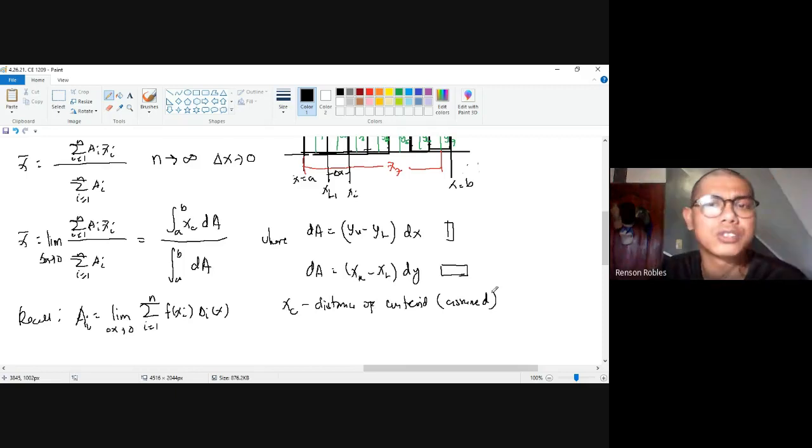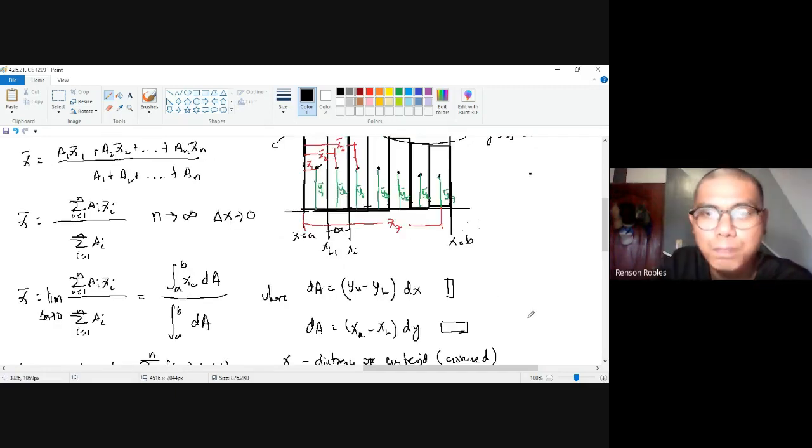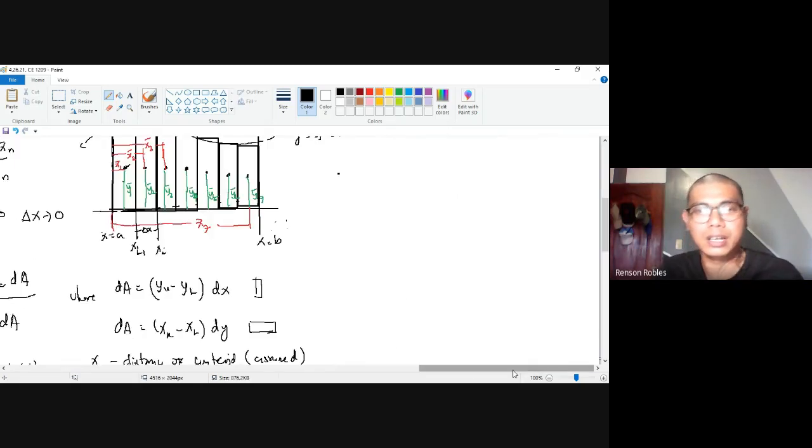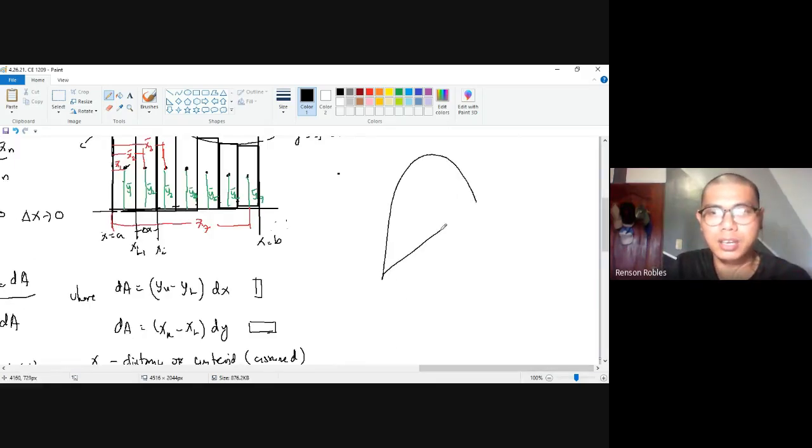Sir, ano po yung assumed centroid? Yan yung point na idodrawing nyo doon sa gitna ng inyong rectangular element. Di ba? Pag nagsosolve tayo, ito yung region. Okay? Then dodrawing tayo ng representative element. Then sa gitna niyan, doon yung ilalagay ang centroid. So yan yung point na yon. So ito yung x-axis, y-axis, sorry. Ito yung x-axis.